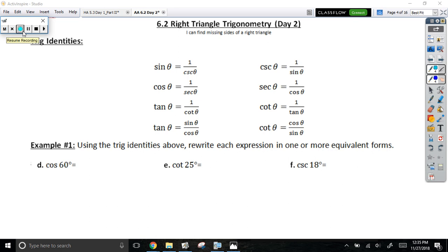Cosine of 60 equals, Emily? 1 over secant. Very good. Cotangent of 25 equals, Erica? 1 over tangent 25, or cosine 25 over sine 25. Perfect. This is the one that has 2.